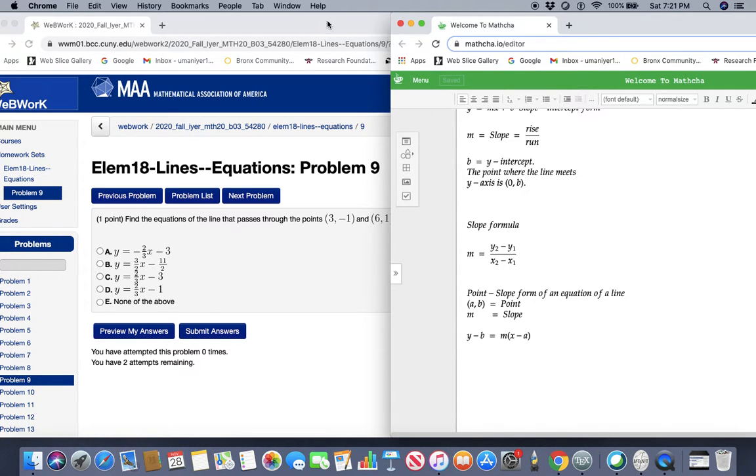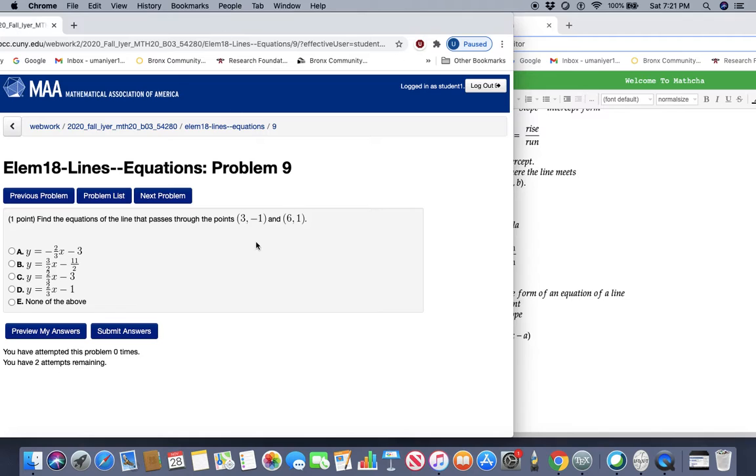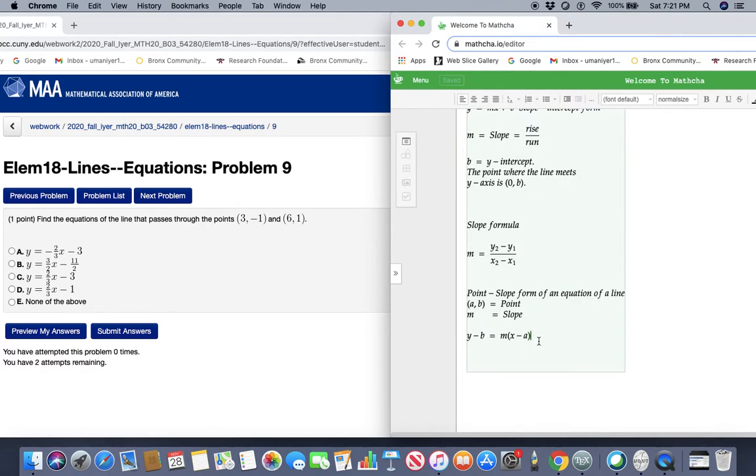So let's start. First, notice the 2 points. Points are (3, -1) and (6, 1).